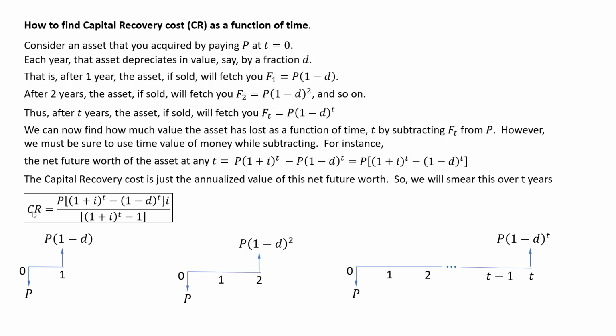Well, the capital recovery cost CR is nothing but this money times i over (1 plus i) to the t minus 1. So when you have a future value F, A is equal to F times i over (1 plus i) to the t minus 1. The future value here is P times the quantity (1 plus i) to the t minus (1 minus d) to the t. So this is how you find the capital recovery cost.